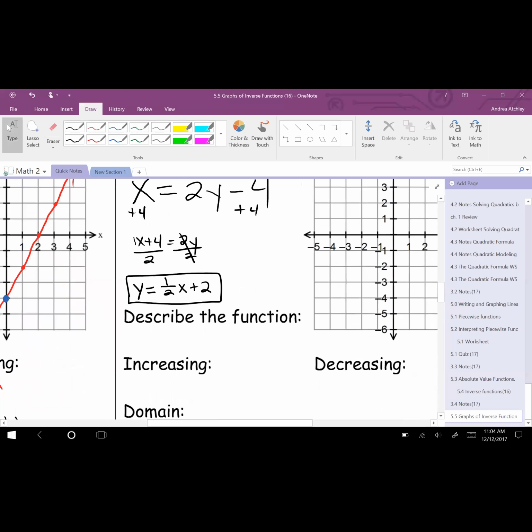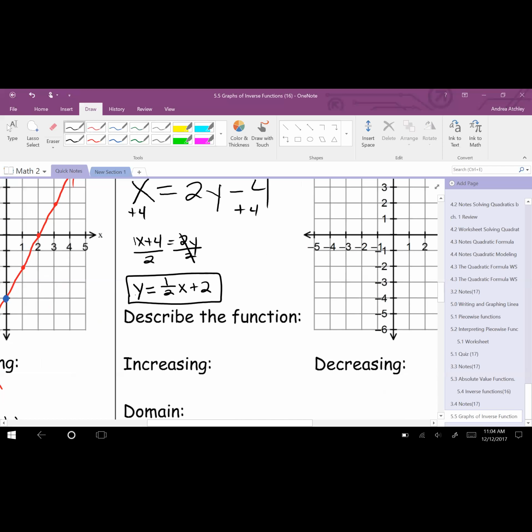Is that inverse equation a function or not a function? Are we unsure since nobody's asking? Who thinks it's a function? You guys are sleepy today. Okay, who thinks it's not a function? Raise your hand. Who's just really not sure? Okay, good. What shape is this if I graphed it?